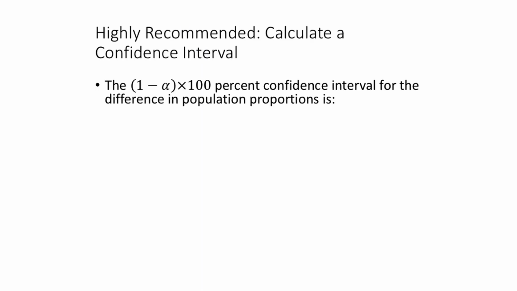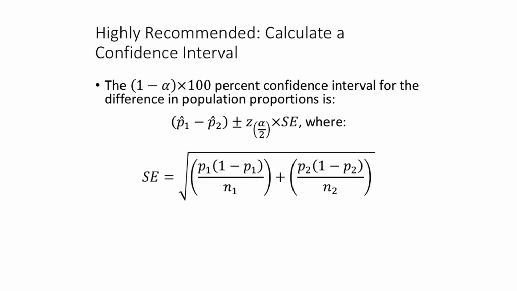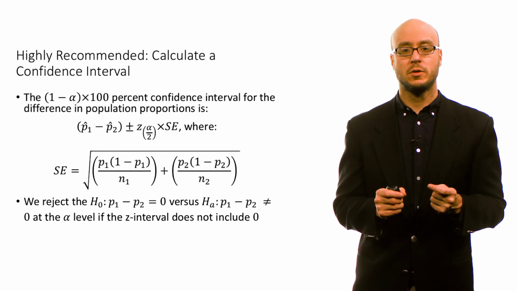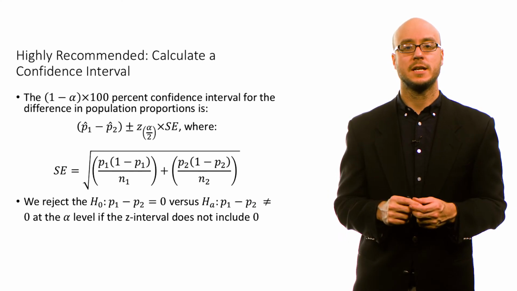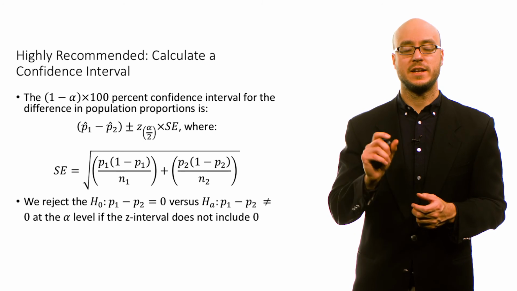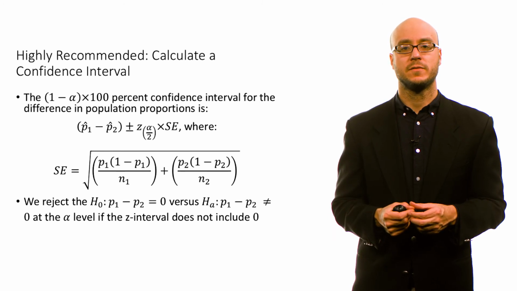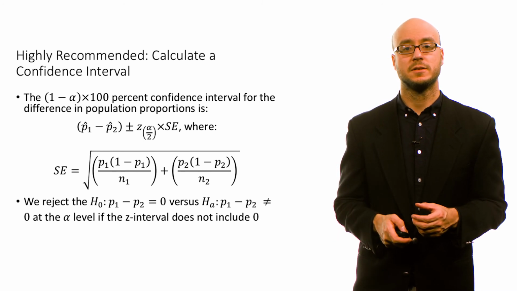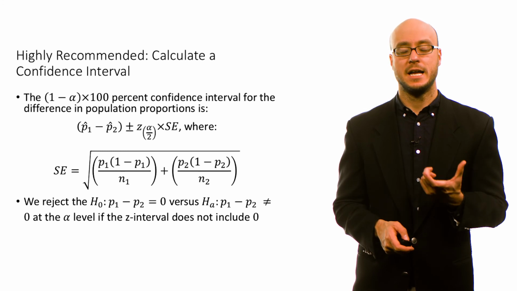Then we can also calculate a 95% confidence interval. We take the point estimate for that difference of proportions in the population, and we add and subtract the margin of error, where the standard error is calculated as before. We're going to reject the null, that the difference in the population is 0 versus the alternative that the difference is not equal to 0, if that z-interval does not include 0.